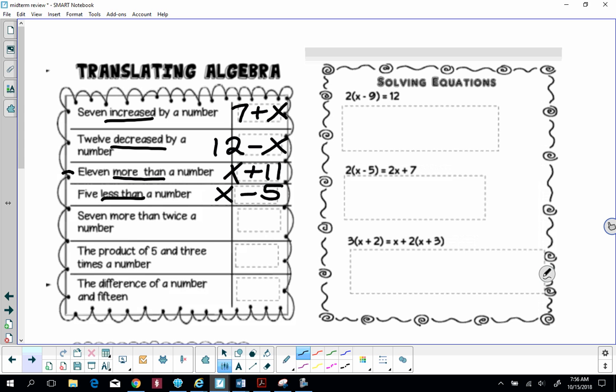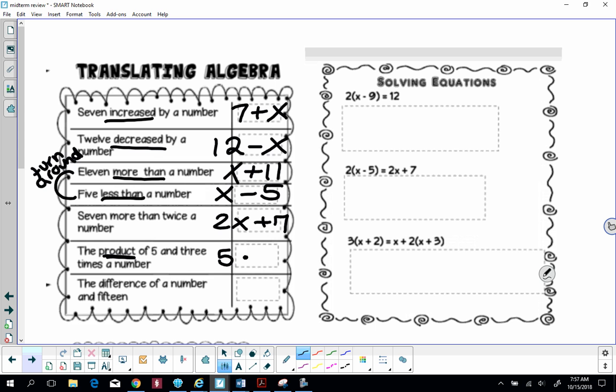Remember, these are the turnaround words. Remember those? That's something you don't remember, I'll go over that. 7 more than twice a number. How do I write twice a number? 2x and then 7 more than that. The product of 5 and 3 times a number. So the product of 5, what does product mean?